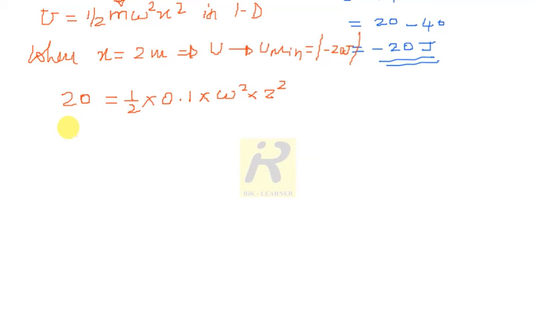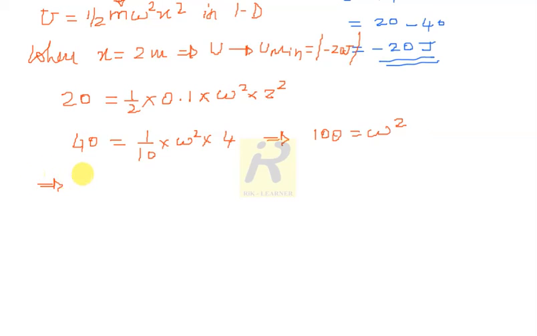Further I can rewrite it as 40 equals 0.1 into 10... that is, 40 equals 0.1 into omega square into 4. So this will be nothing but 100 equals omega square.